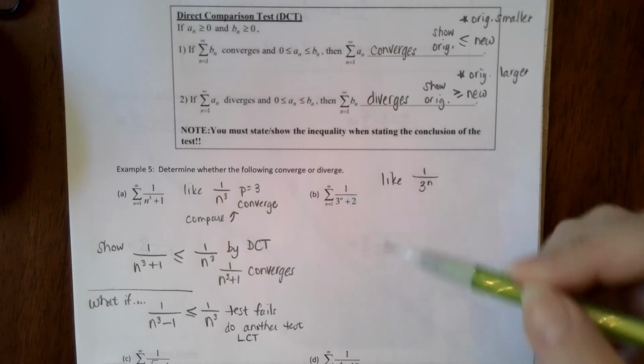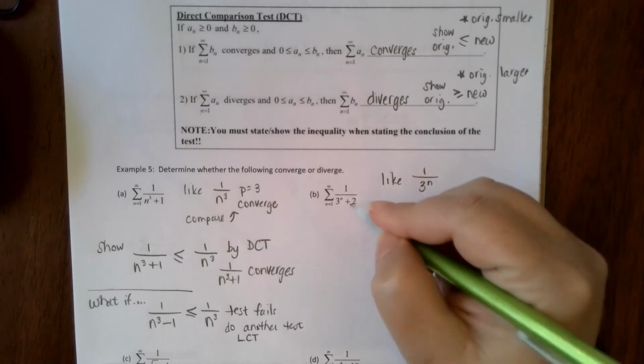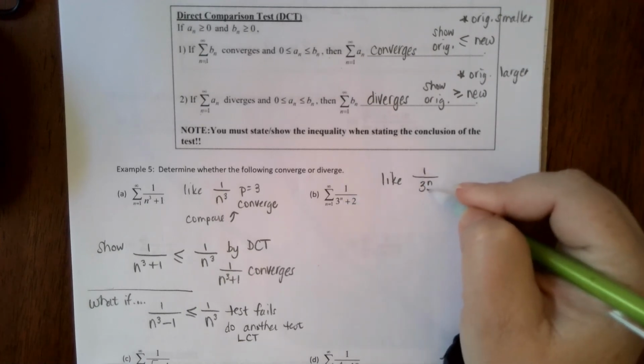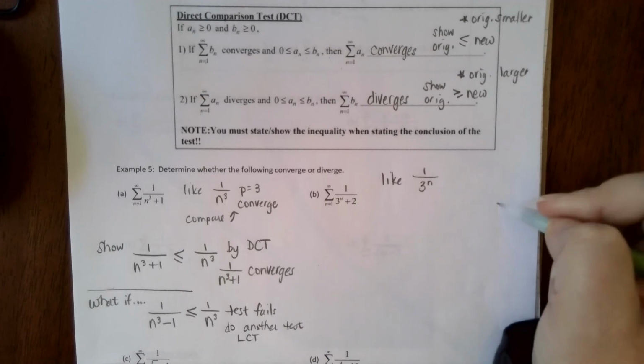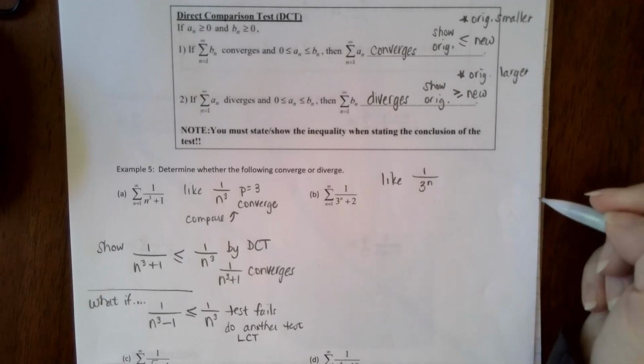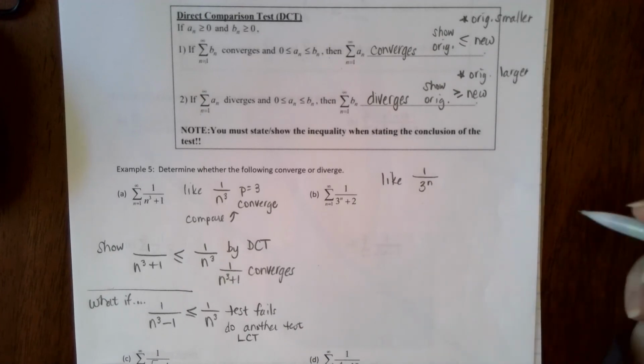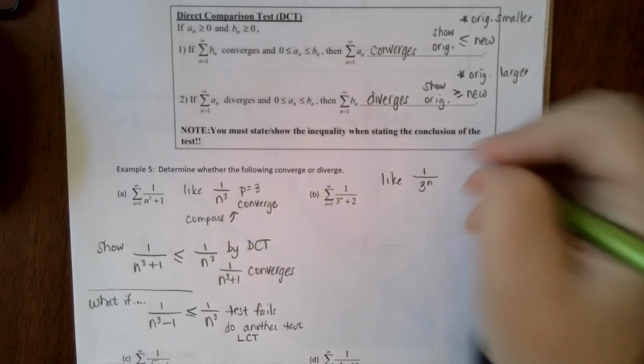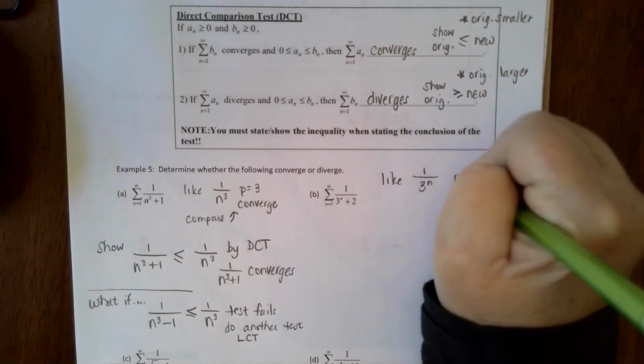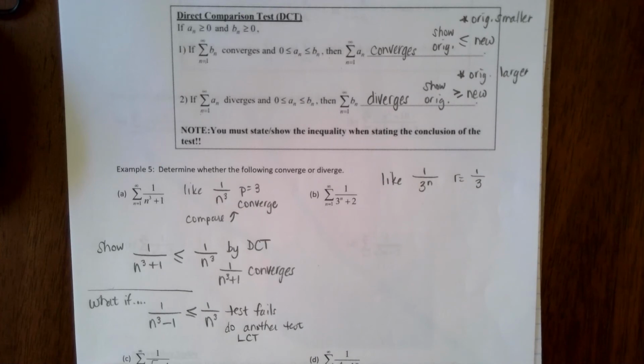What about geometric? If you were to do 1 over 3 to the n, you're going to get 1 over 3 for your first term, 1 over 9 for your second term, 1 over 27 for your third term. Your r is equal to 1 over 3. Interesting.